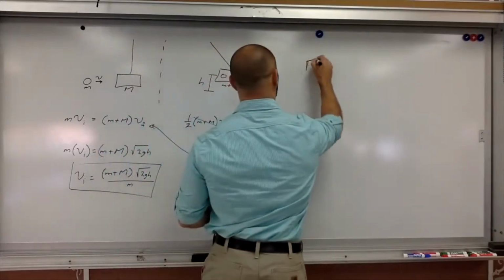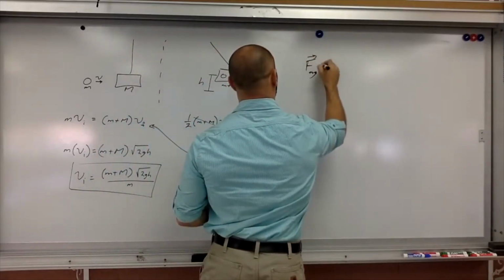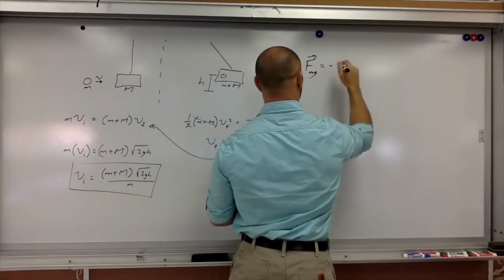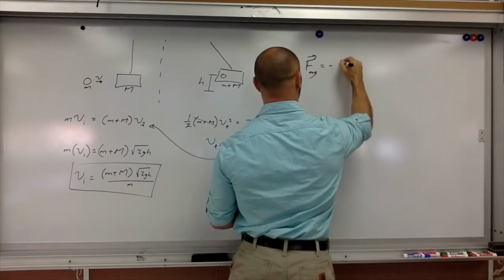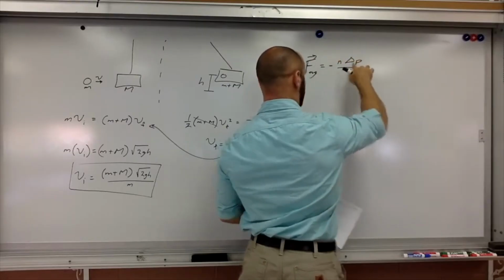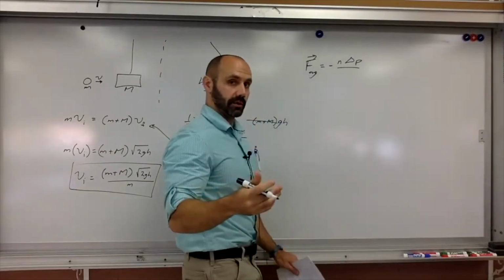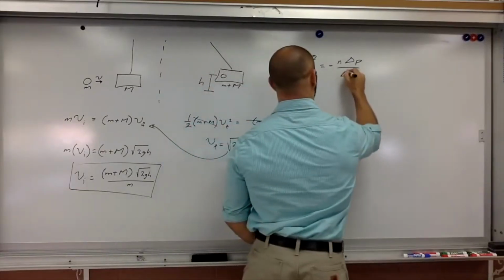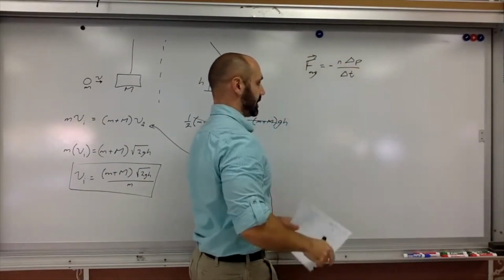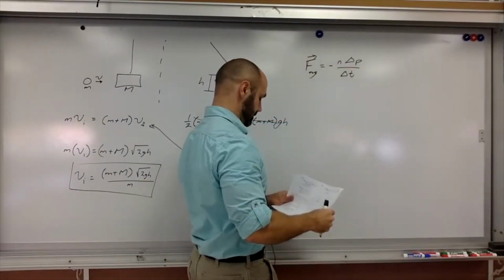The average force vector is going to be negative, so the negative of the change in momentum, n times delta p, because delta p would be the change in momentum for each individual particle. So we're multiplying that by the number of particles and then dividing by delta t.